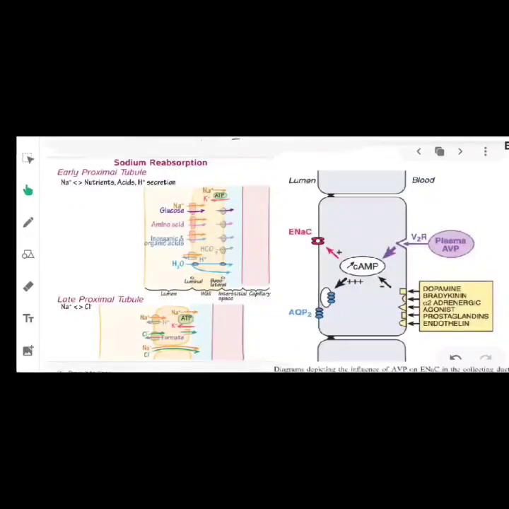First we will study reabsorption of sodium. 99% of sodium from the glomerular filtrate gets reabsorbed in the PCT, and the rest gets reabsorbed in the collecting duct, DCT and ascending loop of Henle, but not through the descending limb.